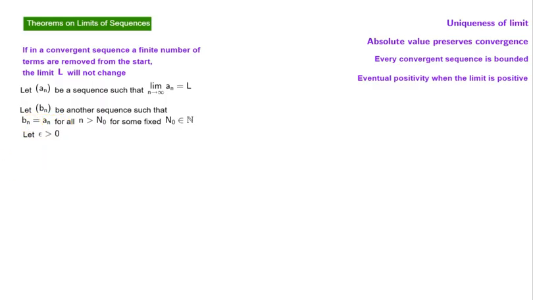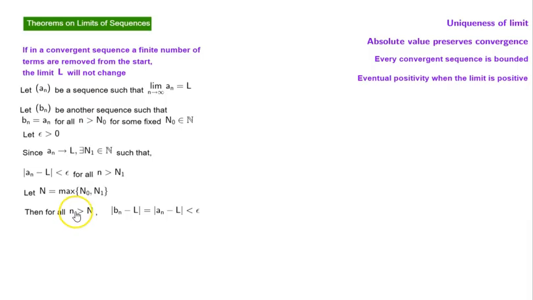Let epsilon be greater than 0. Now since A sub n goes to L, there exists n1 in natural numbers such that the absolute value of A sub n minus L is less than epsilon for all n greater than n1. Let N be equal to the larger of n naught and n1.